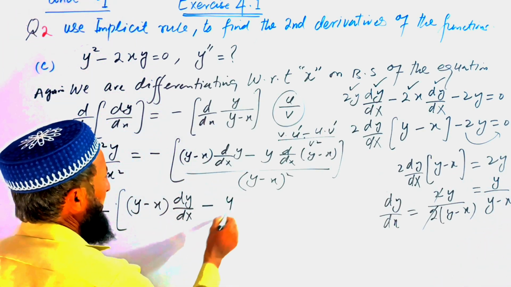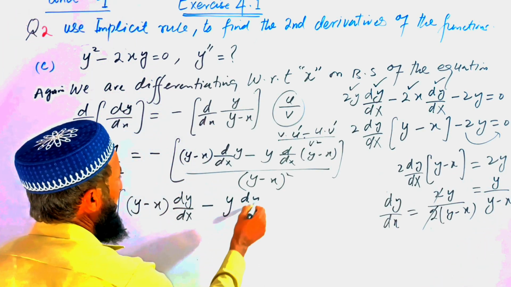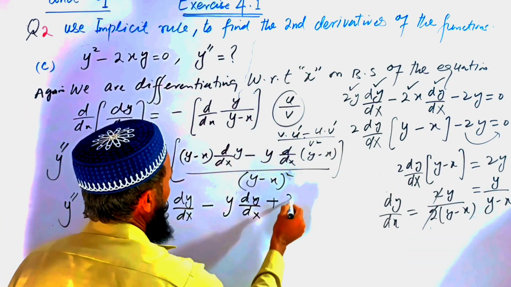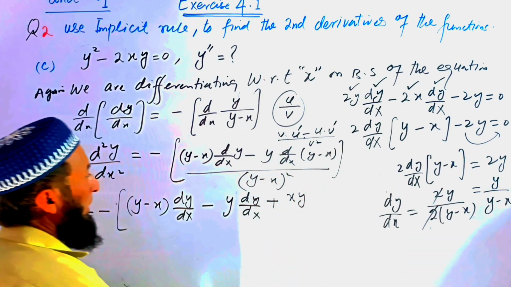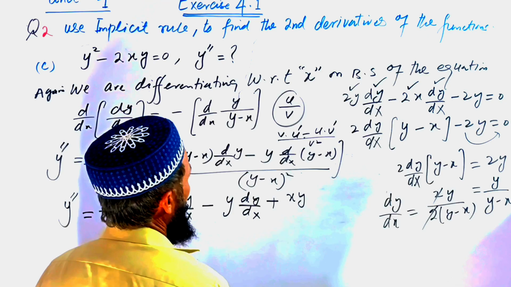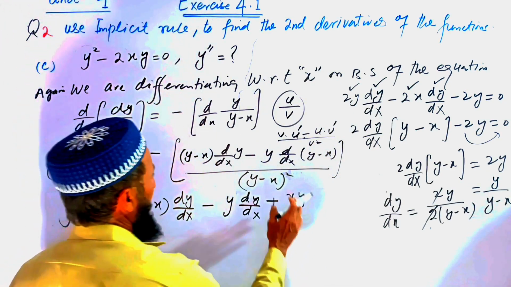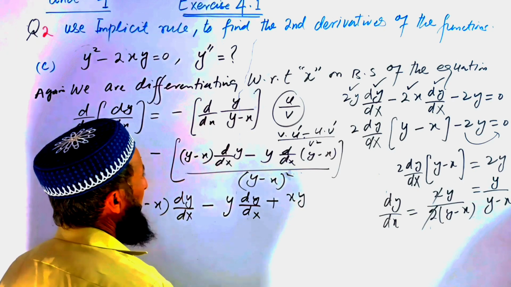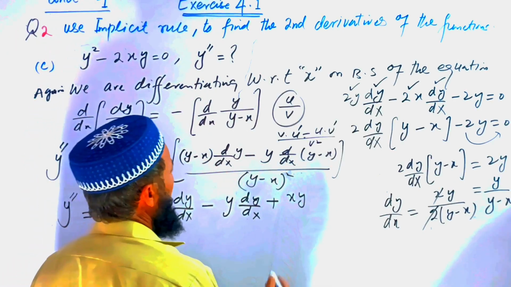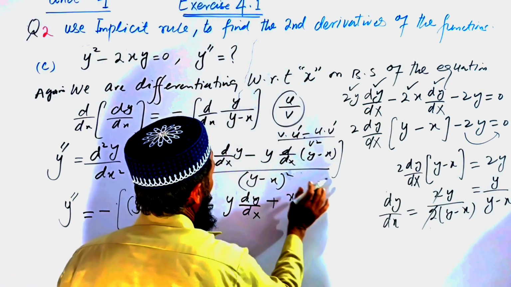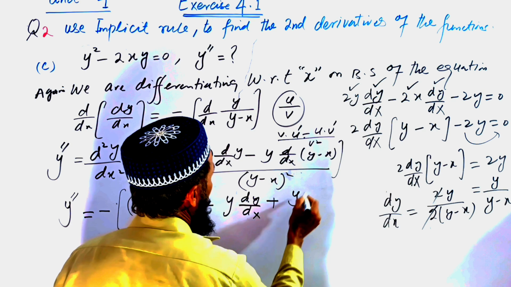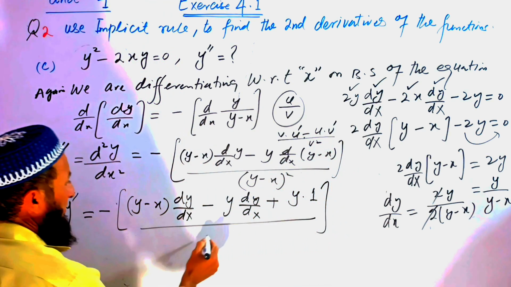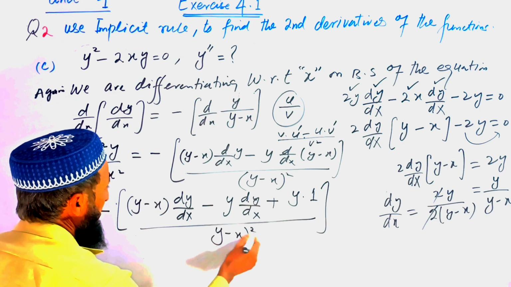First we simplify this result: minus dy by dx plus xy, and the derivative of x, and dy by dx, y dy by dx, and minus minus plus y times the derivative of x, which is equal to 1, divided by y minus x whole square.